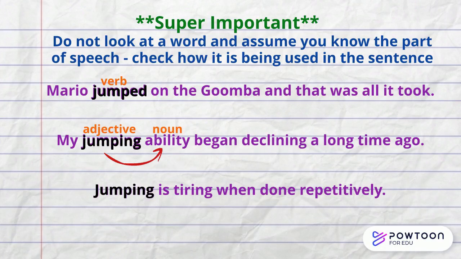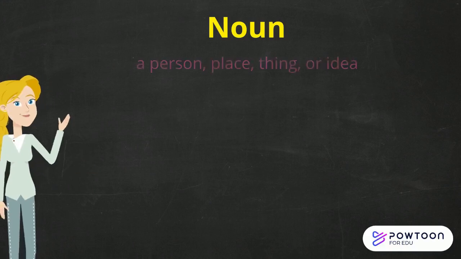That would mean in this case, jumping is the subject of the sentence. And as we just learned, a subject is typically a noun. So in this case, jumping is a noun in the sentence. So again, always be sure to check how words are being used before just blindly assuming a word is a particular part of speech. Let's recap nouns one last time.